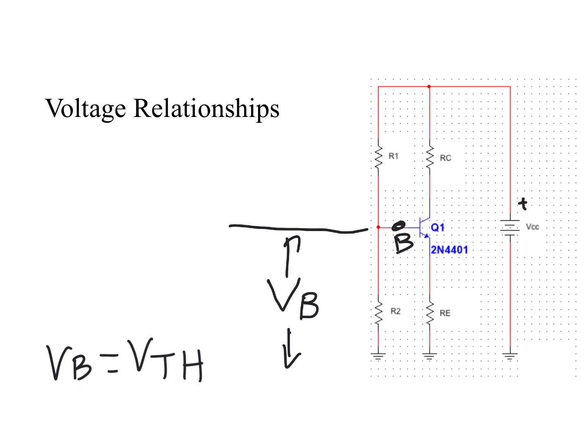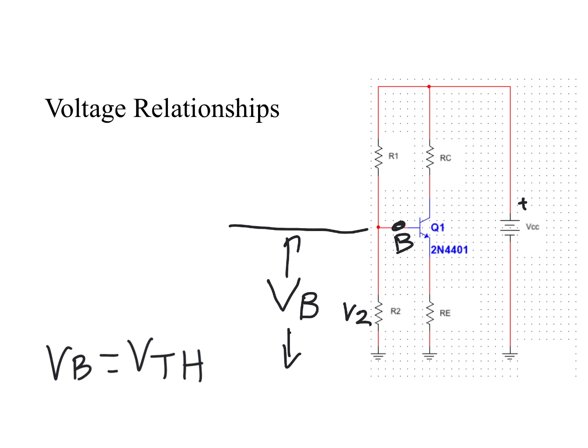But anyway, we can simply say that VB, the base voltage, is the same as the voltage V2 or VR2. I think that's pretty obvious. The voltage across R1 is obviously the difference with VCC.